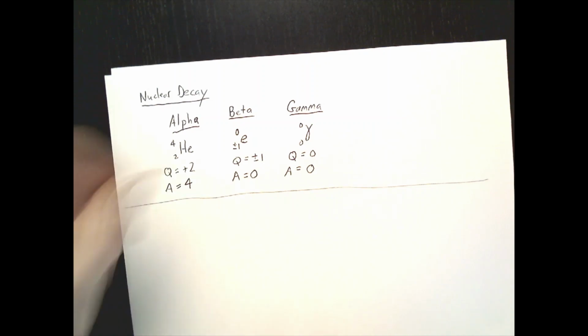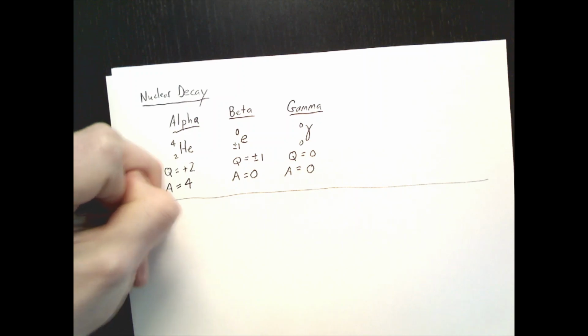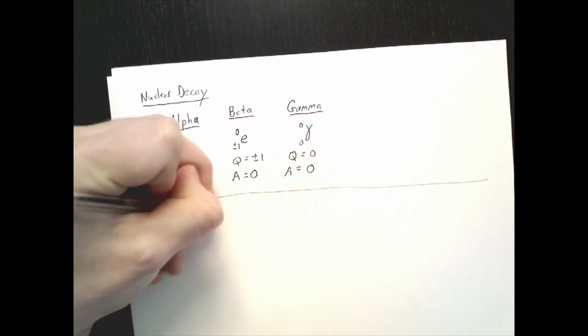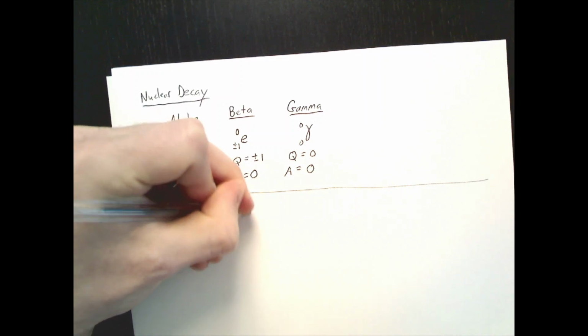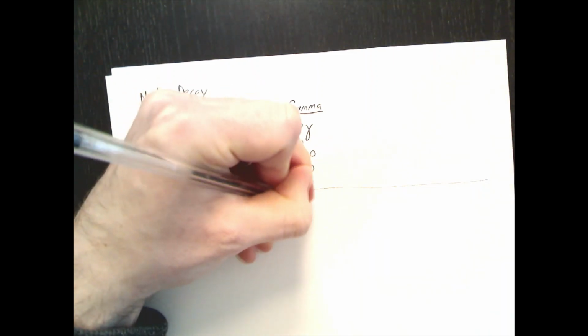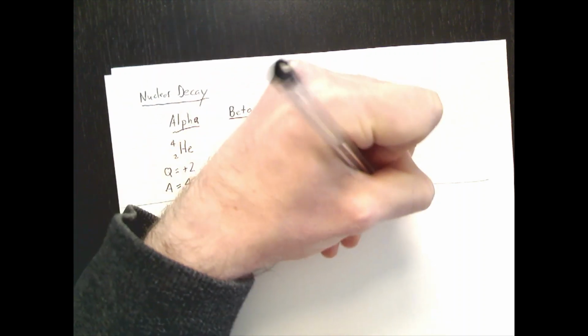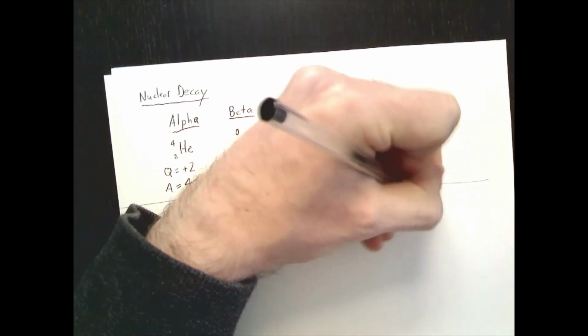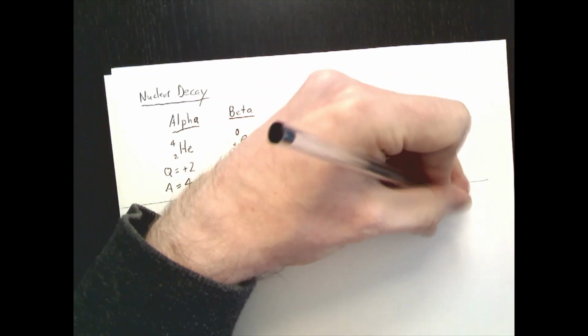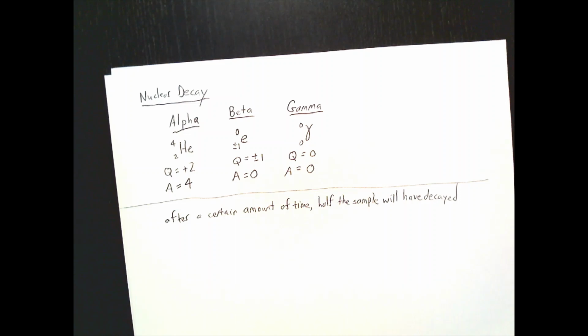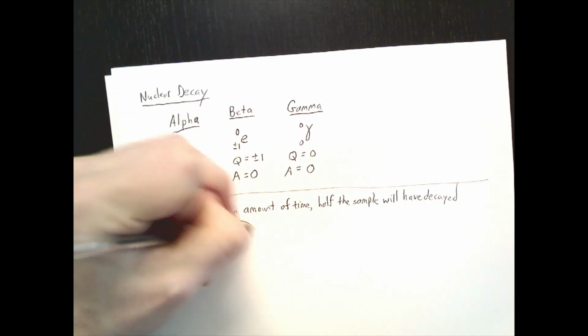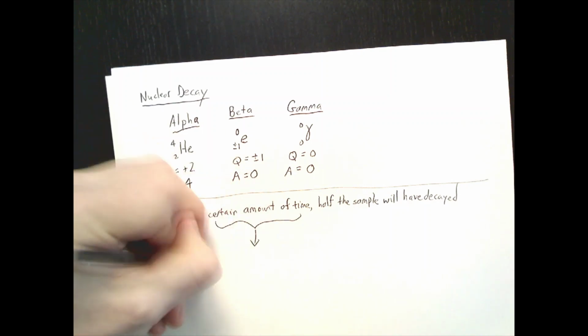What's observed is that for any nuclear sample, after a certain amount of time, half the sample will have decayed. This certain amount of time is a special property of any particular kind of radioactive nucleus. It is called the half-life.